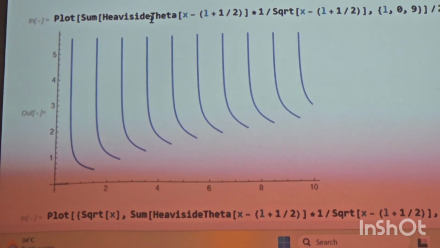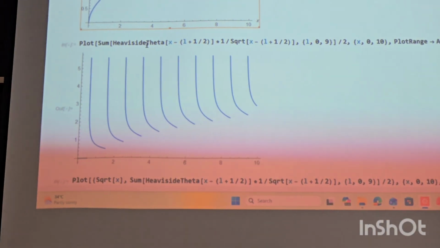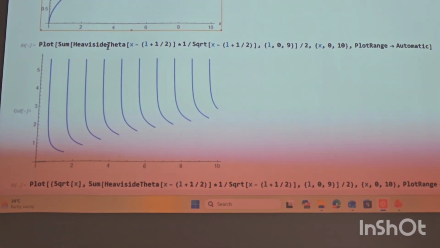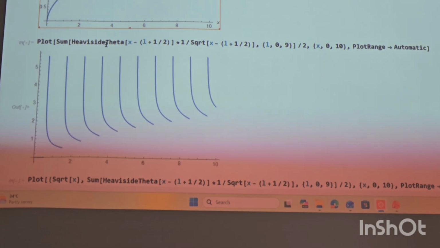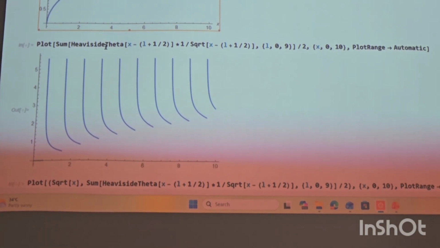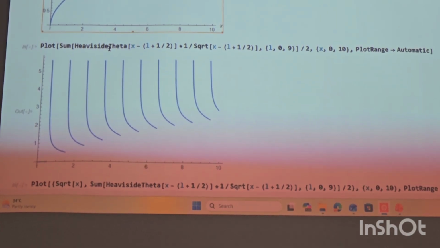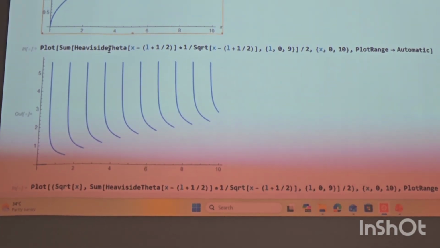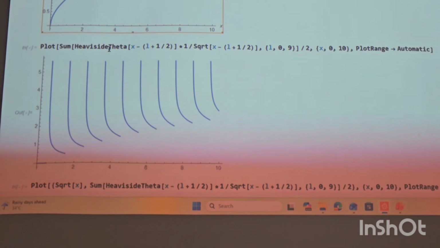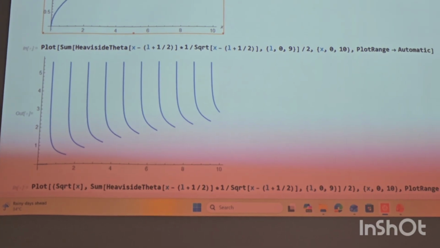So I sum over L equals 0, L equals 1 up till L equals 9 just to see what it looks like. I take that sum and plot it. And if you notice here, I also multiply each term with the Heaviside function, ensuring that the argument remains positive. So this is what it really looks like.